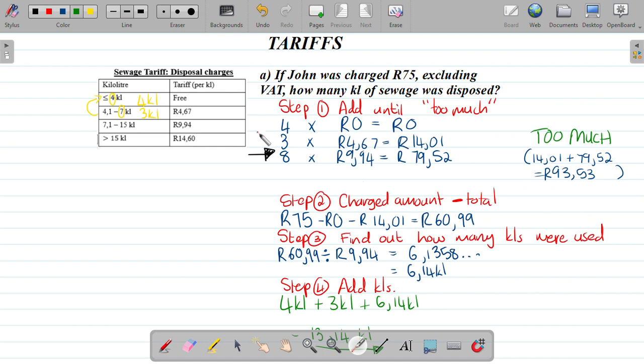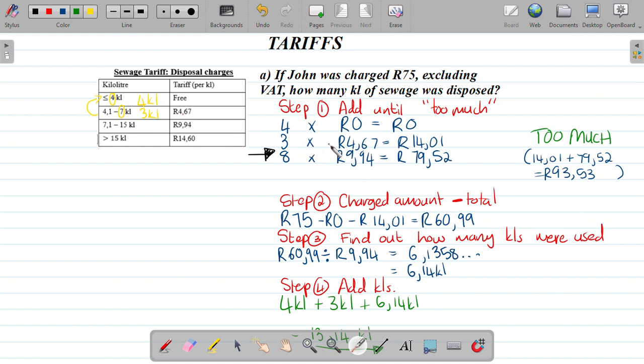That's very important. So the first 4 kiloliters, if he used 4 kiloliters, if we charged it at 0 Rand, it would be 0 Rand because 4 kiloliters being used for free will still be free. So he definitely used 4 kiloliters. Then we move into the next tier, 3 kiloliters, and if he used this much more, he would be charged at this rate.